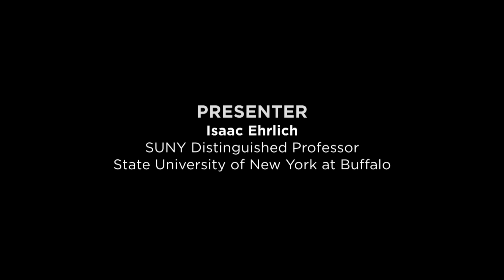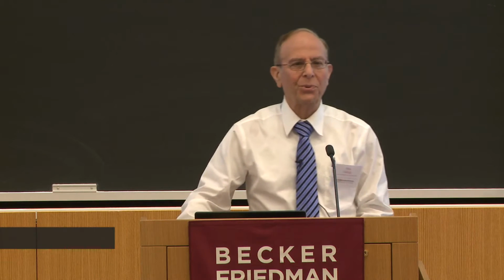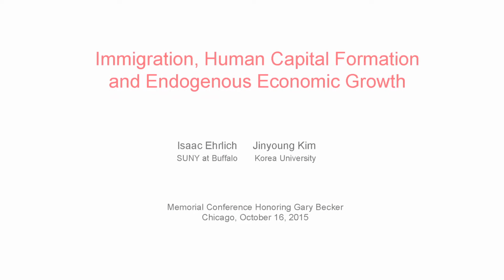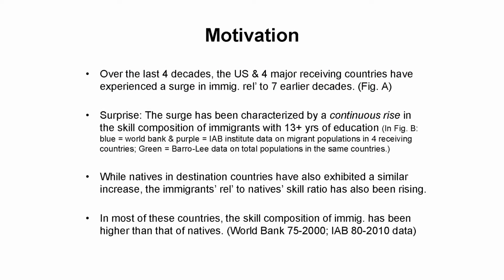Okay, I'm going to present a paper that in some ways is related to the presentation that you just heard. I'm going to try and motivate it by a series of charts that would perhaps explain the major dynamic changes that we have seen in the pattern of immigration across the major receiving countries, from most of the sending countries.